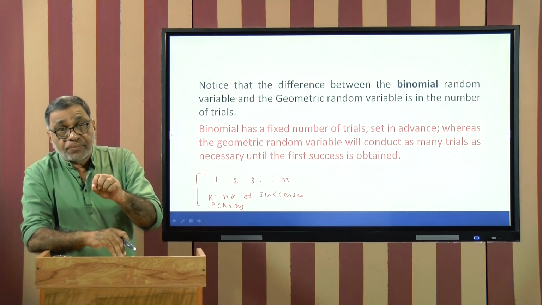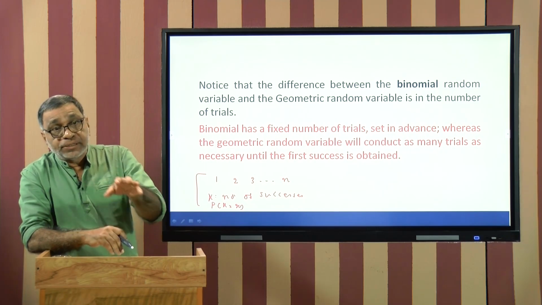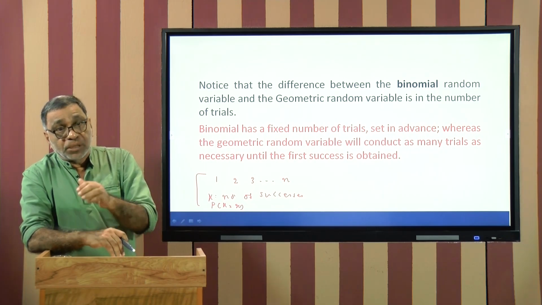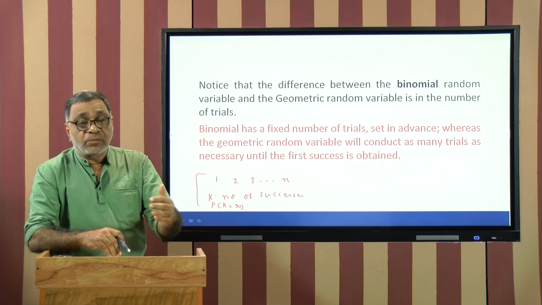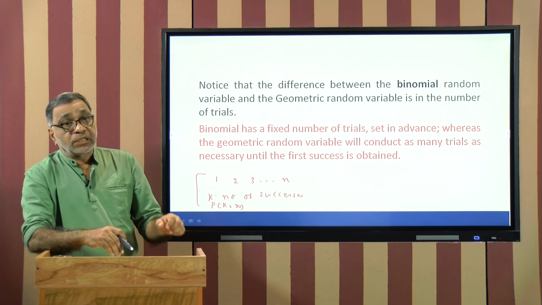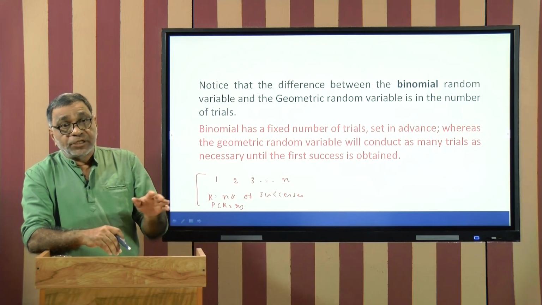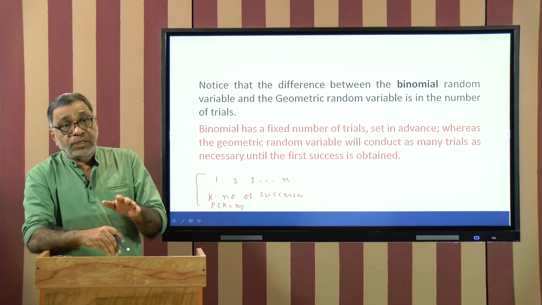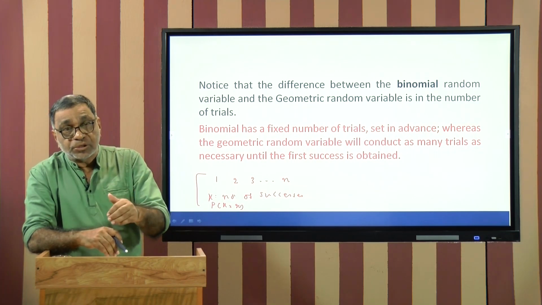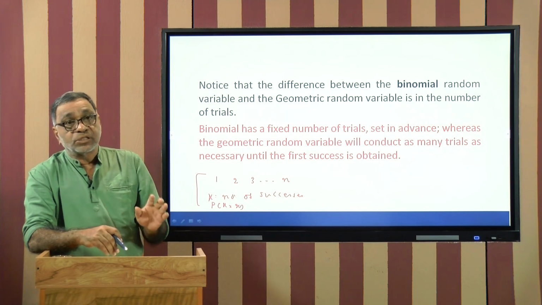Here we are performing the experiment not by fixing the number of trials, but we are performing the random Bernoulli trials until a success is obtained. That is, n is not fixed here. So, the geometric random variable is performing the Bernoulli sequence as many times as needed until the first success is obtained.